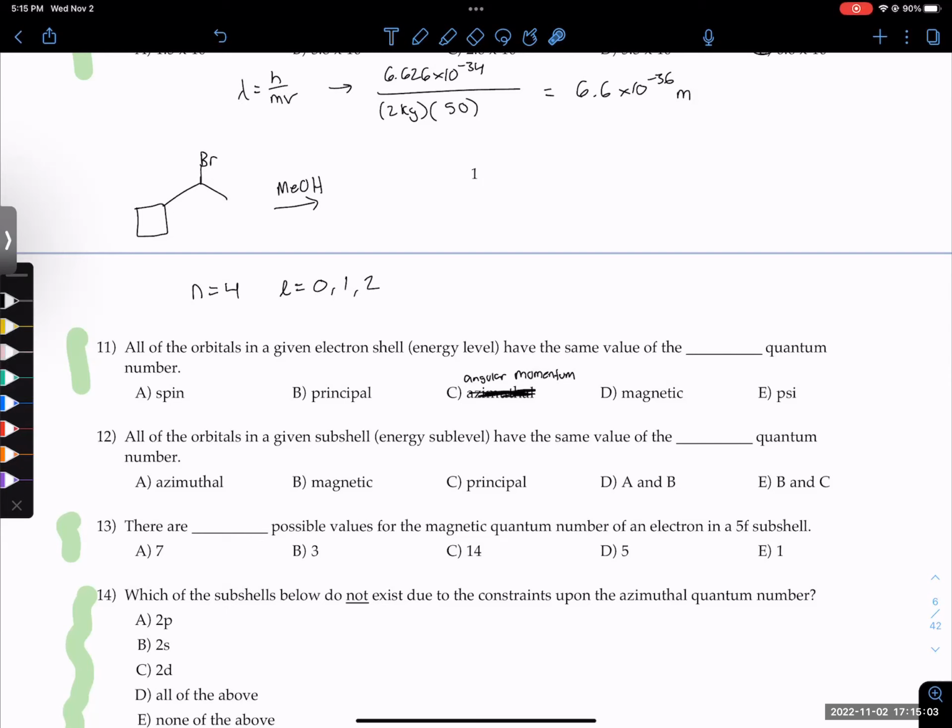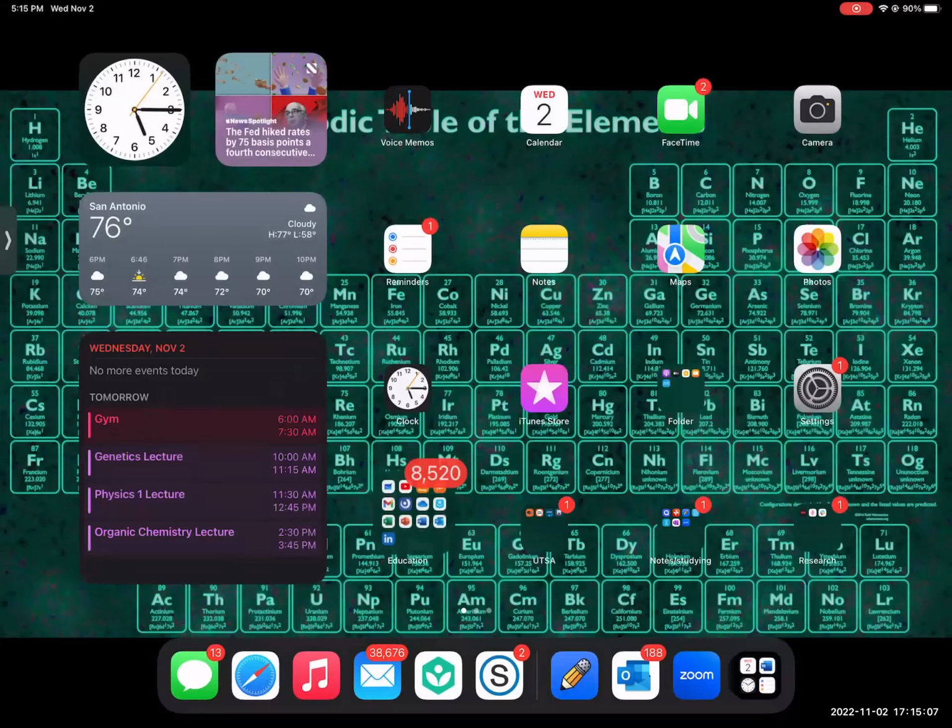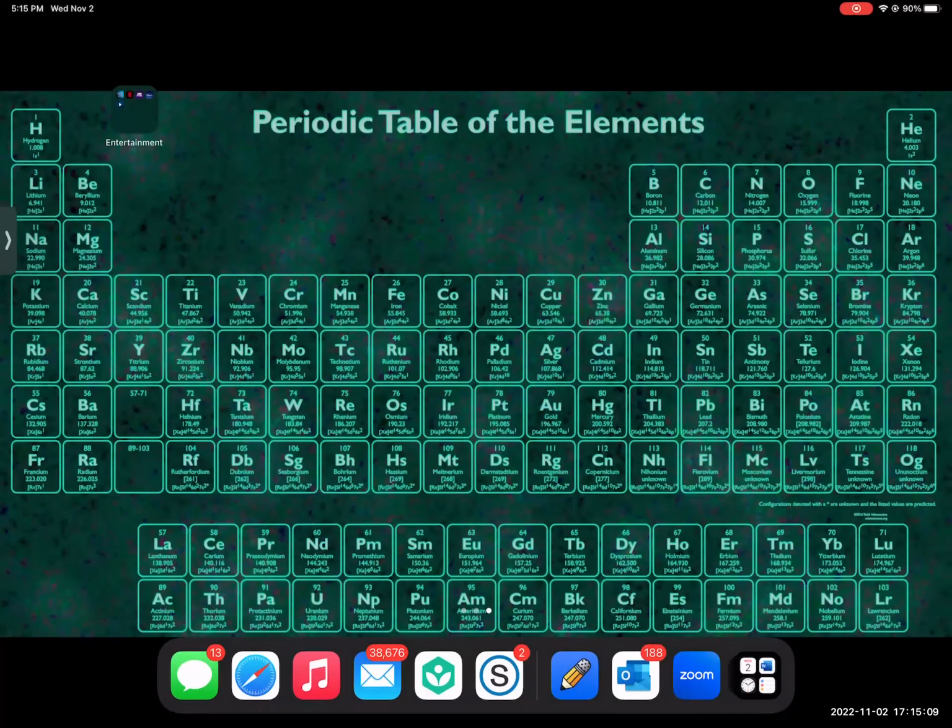Even calcium has a 1s subshell, it just looks a little different. It has a really big dense electron cloud, and it also has a 2s, a 3s, and a 4s.